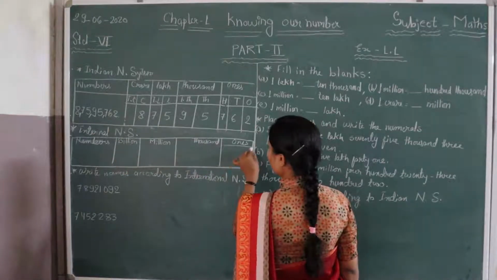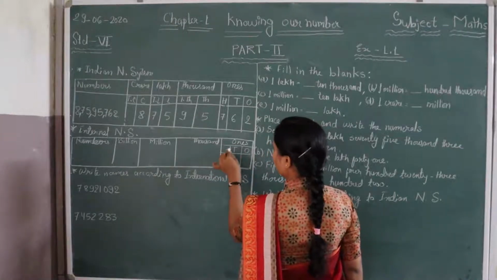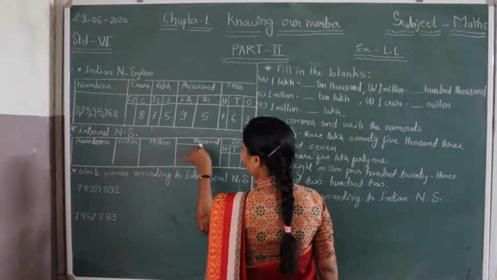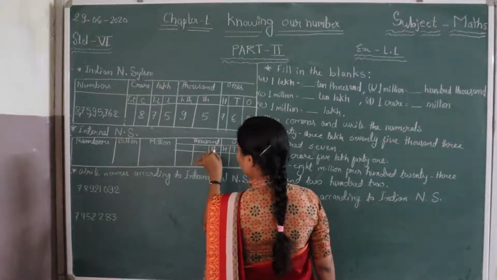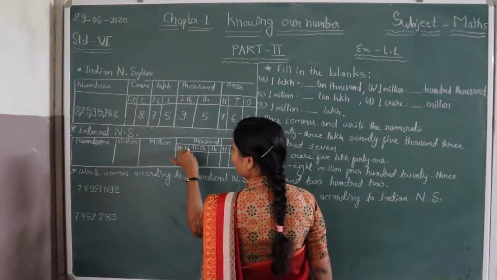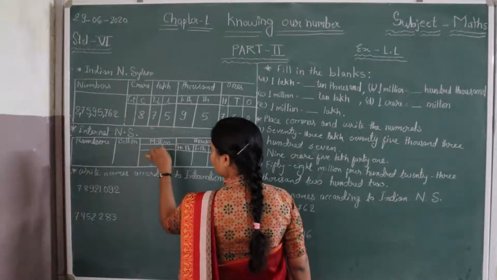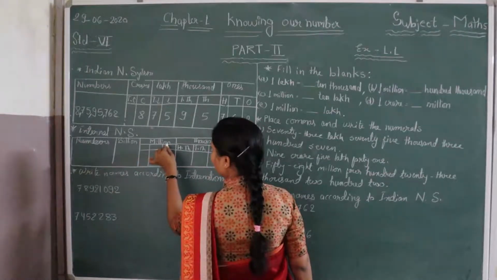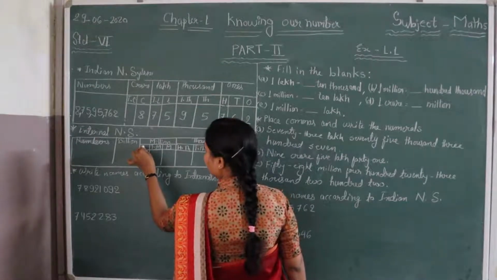Okay, in the ones place, ones, tens, hundred. In the thousand place, thousand, 10,000, then 100,000. In the million place, 1 million, 10 million and 100 million.